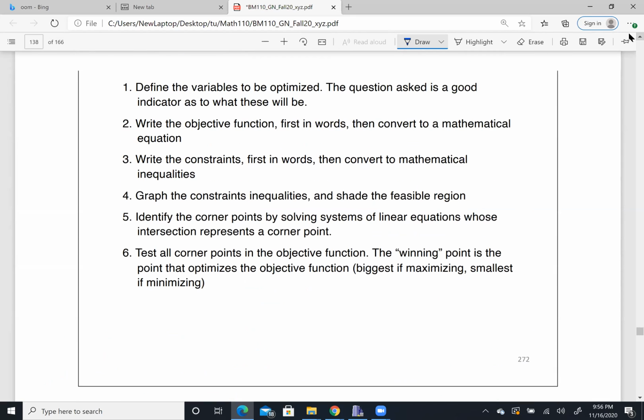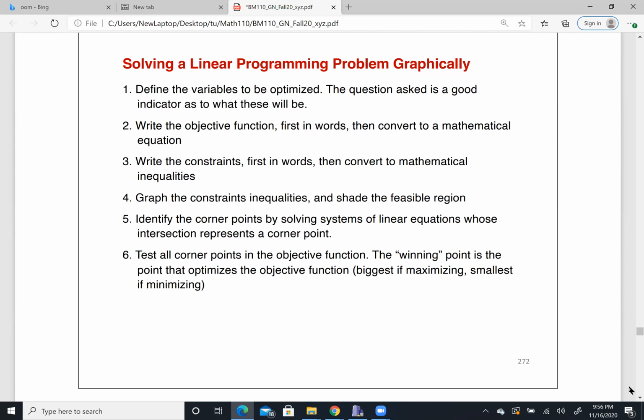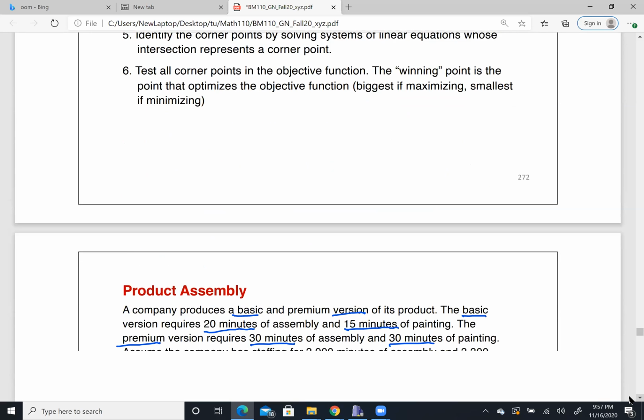What is the fourth step? I have the fourth step say graph the constraint inequalities and shade the feasible region.